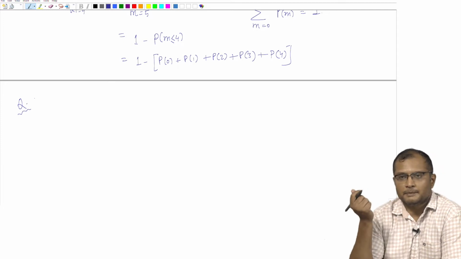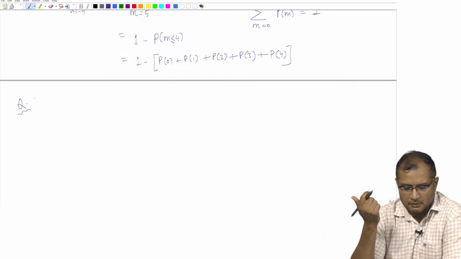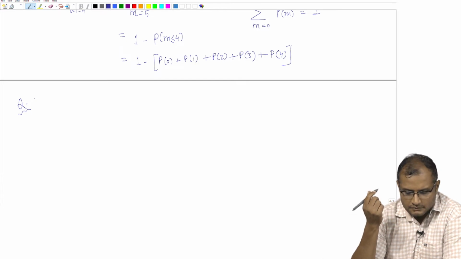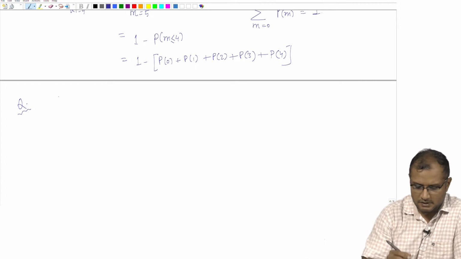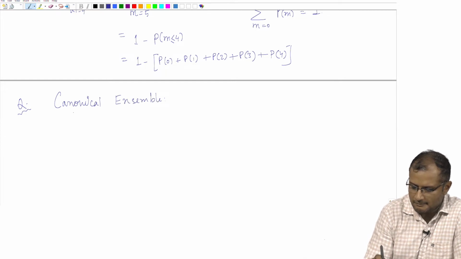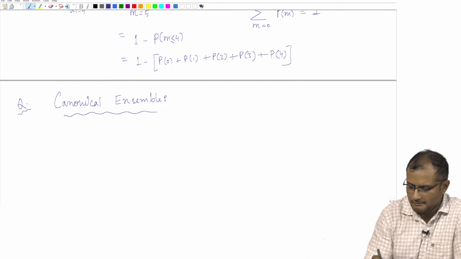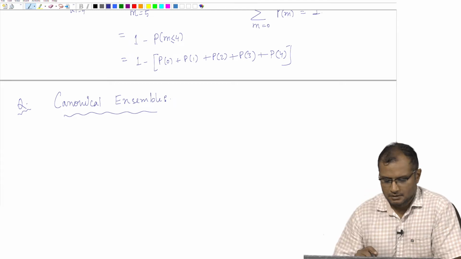So, we can pick up some problems from statistical mechanics, the basic postulates. So, I will start with the canonical ensemble. Right.